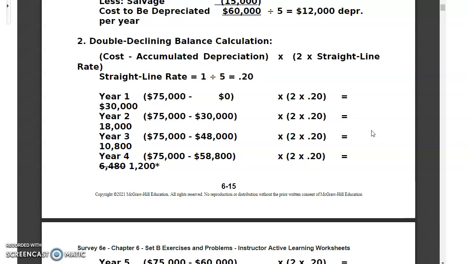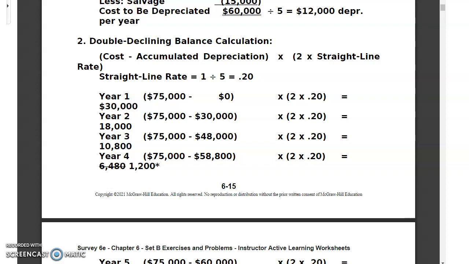Double declining balance, we take the original cost, minus the accumulated depreciation to date. Okay, accumulated depreciation at the beginning is 0. So year 1, $75,000 minus 0 because we haven't taken any depreciation yet.